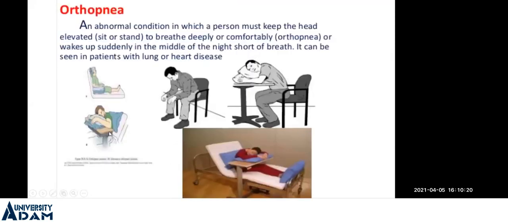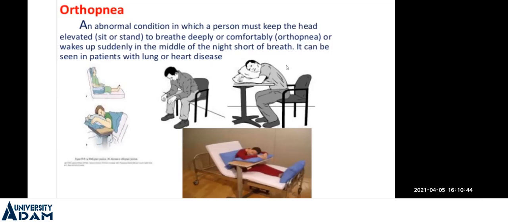I want to talk about orthopnoea, one of the important lectures. Usama Savdar, can you tell me, please, orthopnoea, what is that? Read the slide first.